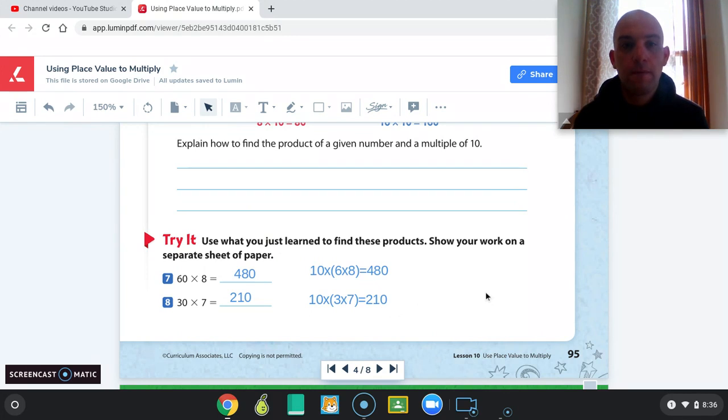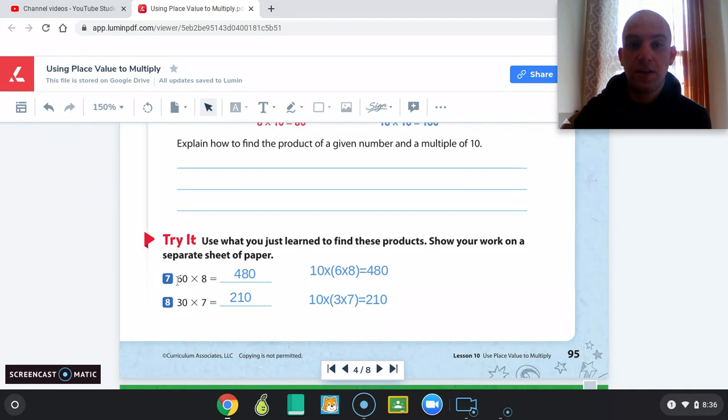All right. So what we should have taken away from this lesson is that anytime we multiply by 10, we can add a 0 to the end. We also can look at numbers that have zeros on the end, and we can express that number as the number without the 0 times 10.